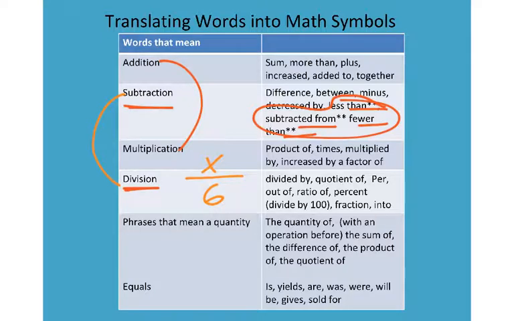But for division, whatever comes first has to go in your numerator. Whatever comes after that division word, or second after the phrase quotient, has to go in your denominator. And the last part we'll talk about another day. All right? So this is about parentheses and the equal sign, so we'll talk about that in another time.